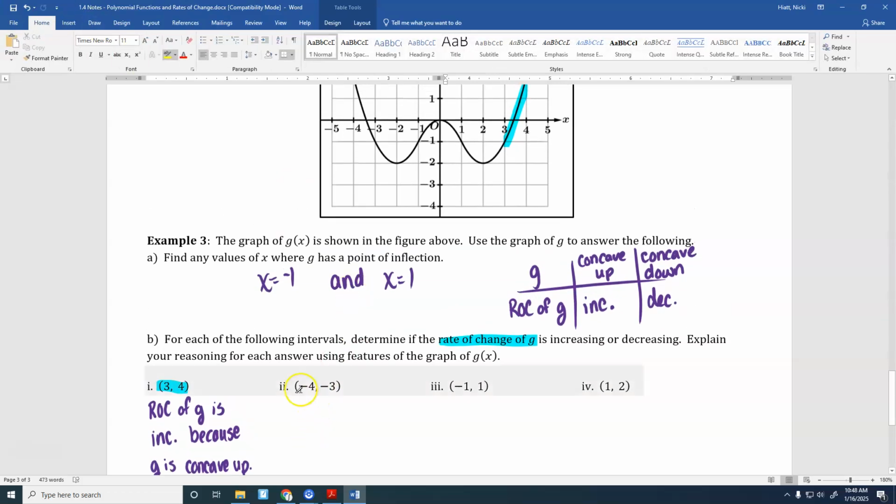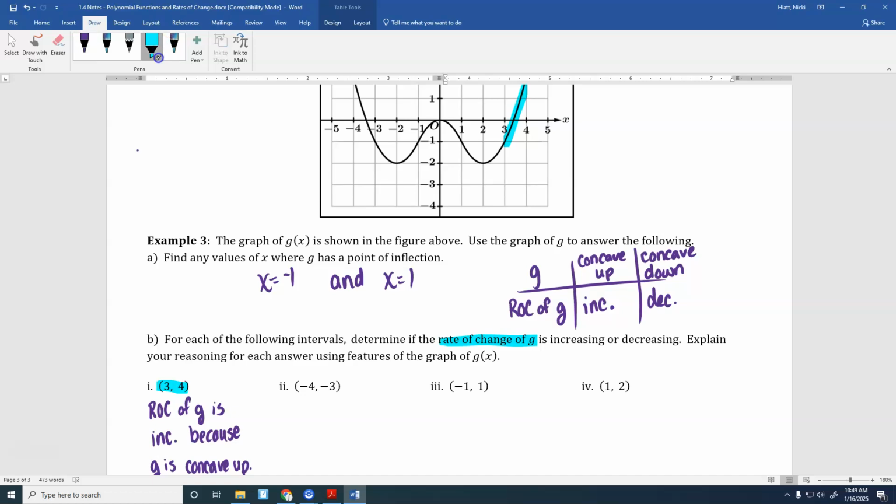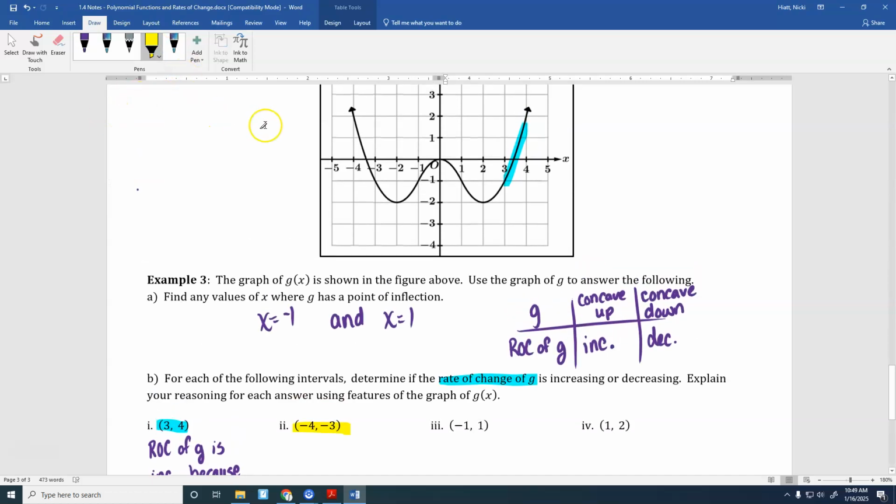So from -4 to -3, we would be looking at -4 to -3. That would be this section of the graph. Let's see, Molly, what would we say for that? Is our rate of change increasing or decreasing?